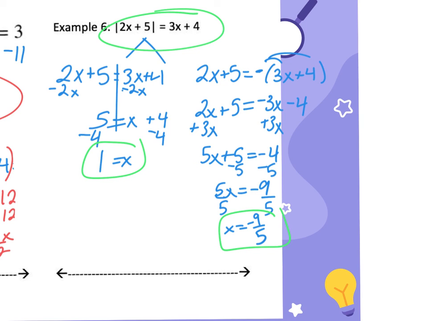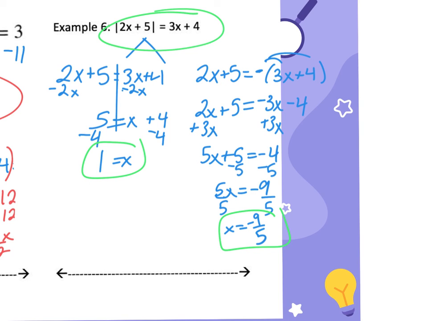So let's try 1. So if I plug it in on the left side, so 2 times 1 plus 5 is 7. Plug it in on the right side, 3 times 1 is 3, plus 4 is 7. So that one works. Next one, plug it in on the left, 2 times negative 9/5 plus 5 gives me 1.4.